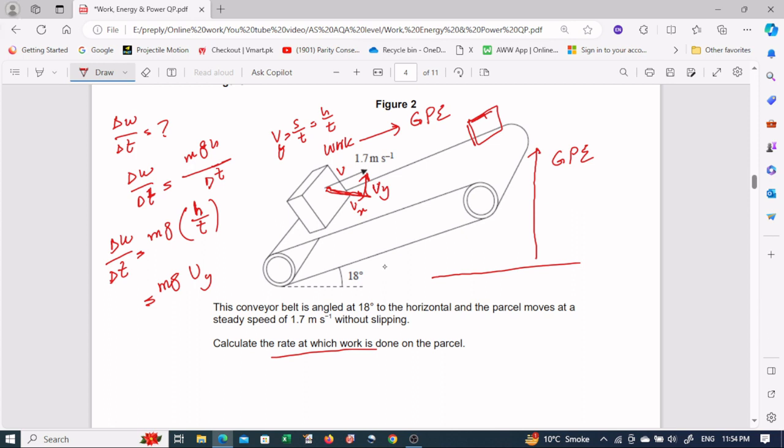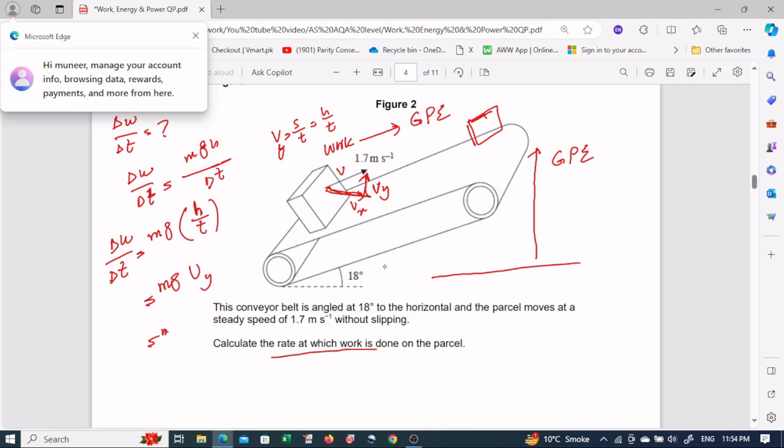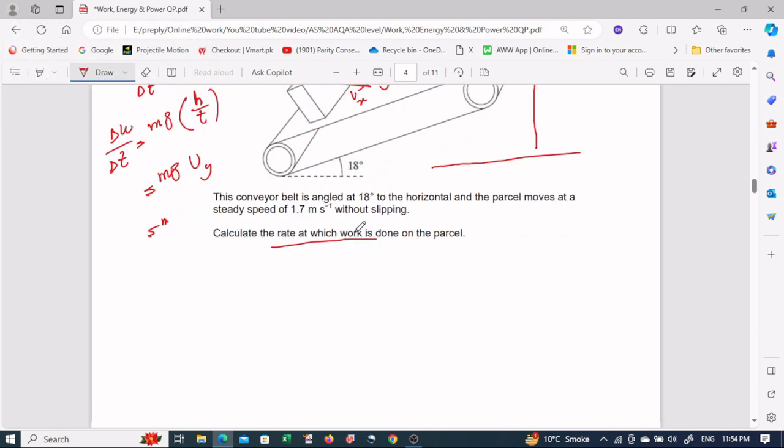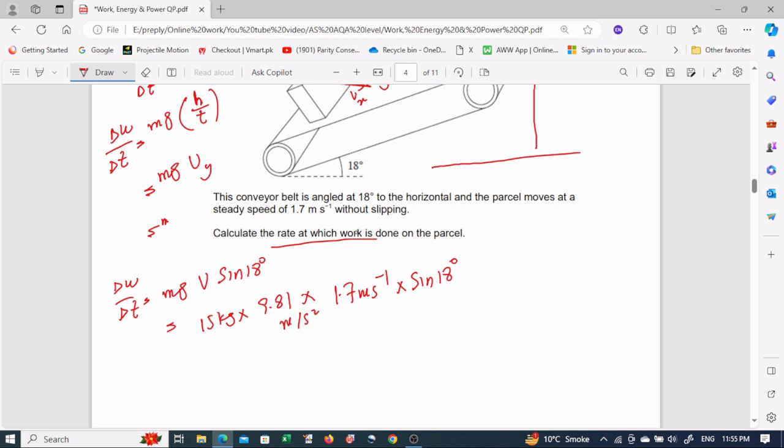So we can write del W over del t equal to mg Vy, where Vy is equal to V sine of 18 degrees. So we can write mg, where the mass is 15 kilogram, g is 9.81 or 9.8 meter per second square, and the speed V is given, that is 1.7 meter per second, and sine of 18 degrees. So the rate of doing work we can find by this equation, that is 77.3 watt.